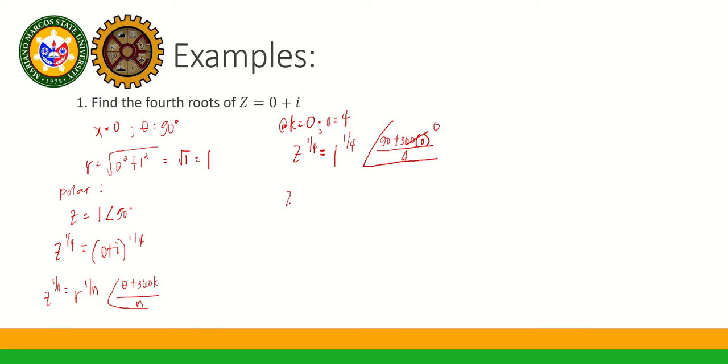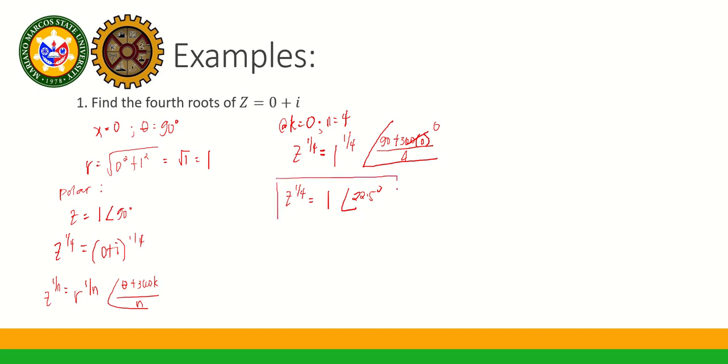So this will be equal z raised to 1 fourth is equal to, what is 1 raised to 1 fourth? So that is still equal to 1. And then angle 90 divided by 4, that is equal to 22.5 degrees. So ito ngayon yung first root natin or your principal root natin.